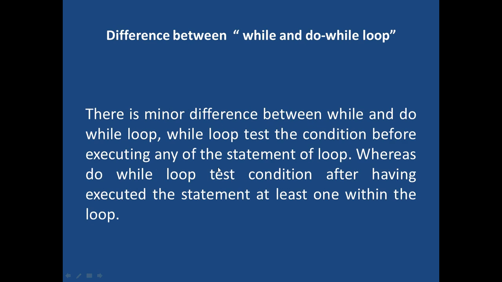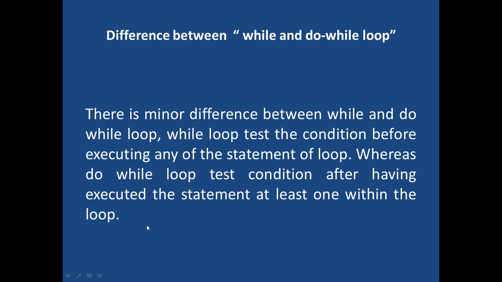So let's discuss a little bit of difference between while loop and do while loop. There is a minor difference between while and do while loop. While loop tests the condition before executing any of the statements of the loop, whereas do while loop tests the condition after having executed the statements at least once within the loop.